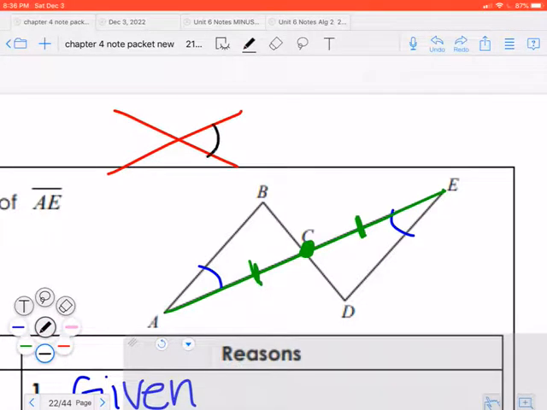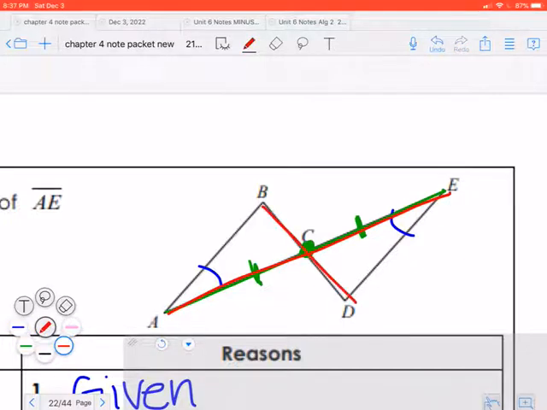So these two angles are congruent and these two angles are congruent. They're called vertical angles, and that's what I see in this picture. We have those two segments, and that's created vertical angles. So we can say that angle is congruent to that angle.